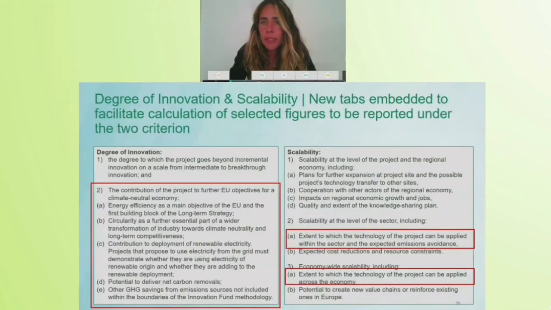Next slide, please. So Maria talked about these 2 criteria, and we thought it would be a good idea to merge them into the tool. These 2 criteria also comprise some aspects related to GHG emissions, energy efficiency, materials, and circular economy, as Maria discussed.